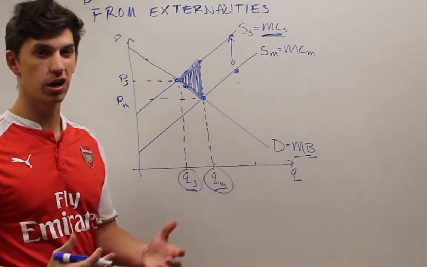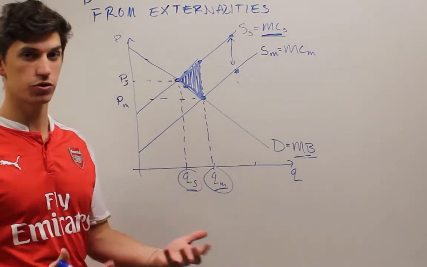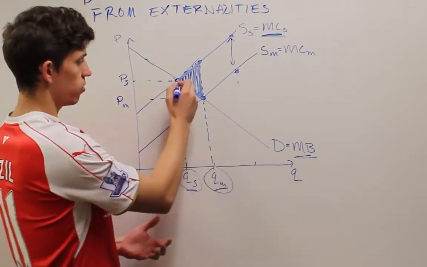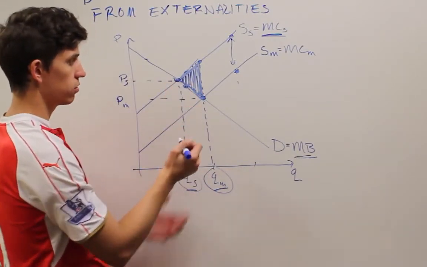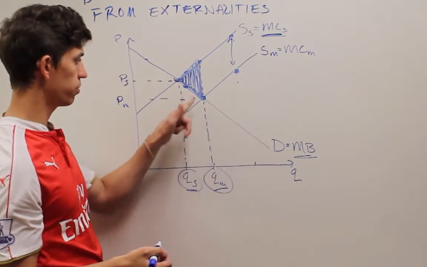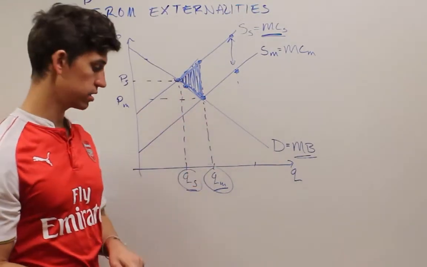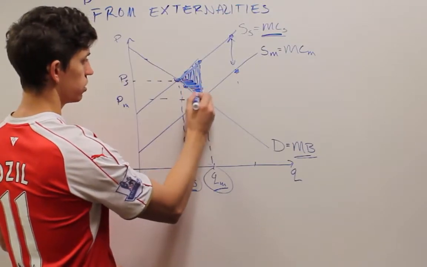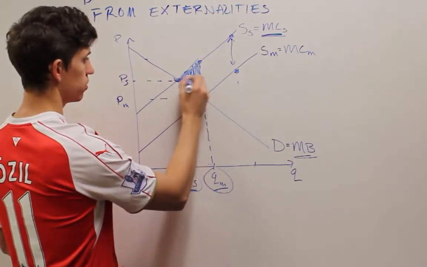We were really paying in a region where our marginal cost exceeded our marginal benefit. This is where marginal cost equals marginal benefit, or supply equals demand. But we are producing too much, and this yields this blue triangle here, which is the deadweight loss associated with this externality.